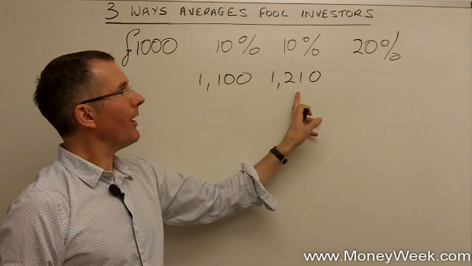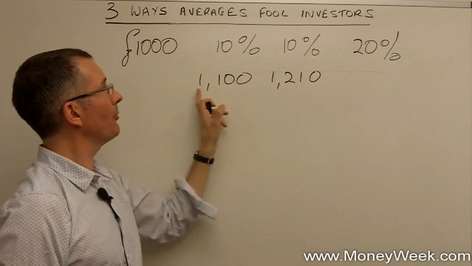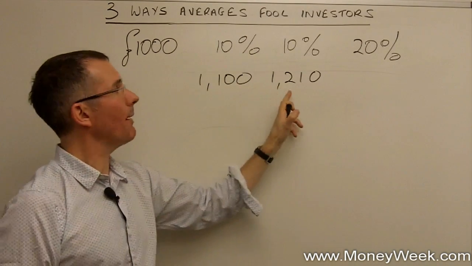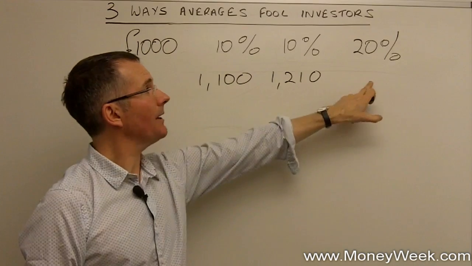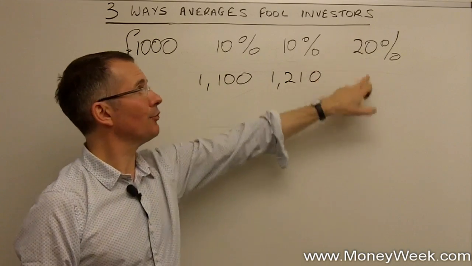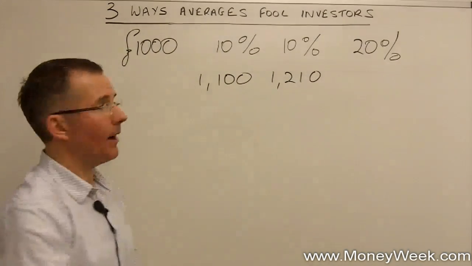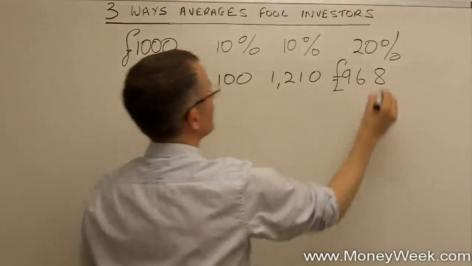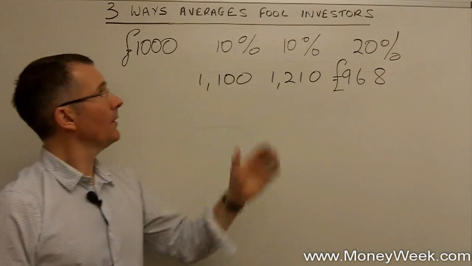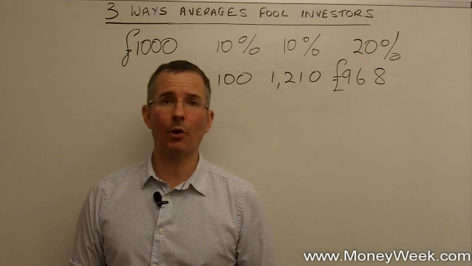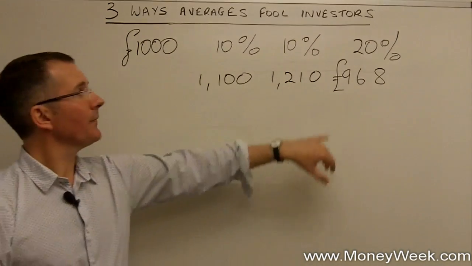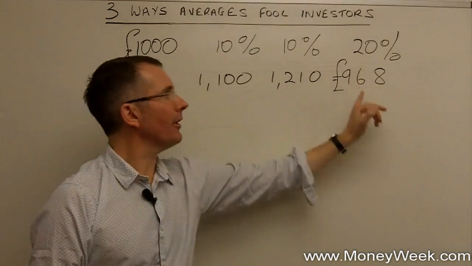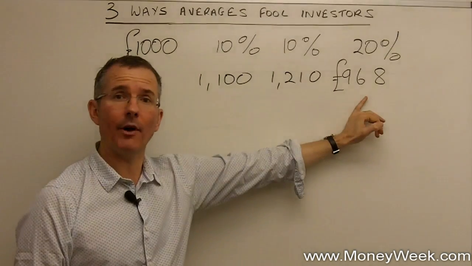Then lose 20% of your portfolio. So I've multiplied 1,000 by 1.1, then by 1.1 again, and now I'm going to multiply by 0.8 for a drop of 20%, and you end up with £968. So your £1,000 isn't £1,000 anymore. And actually, the correct average return isn't 0, it's less than 0.